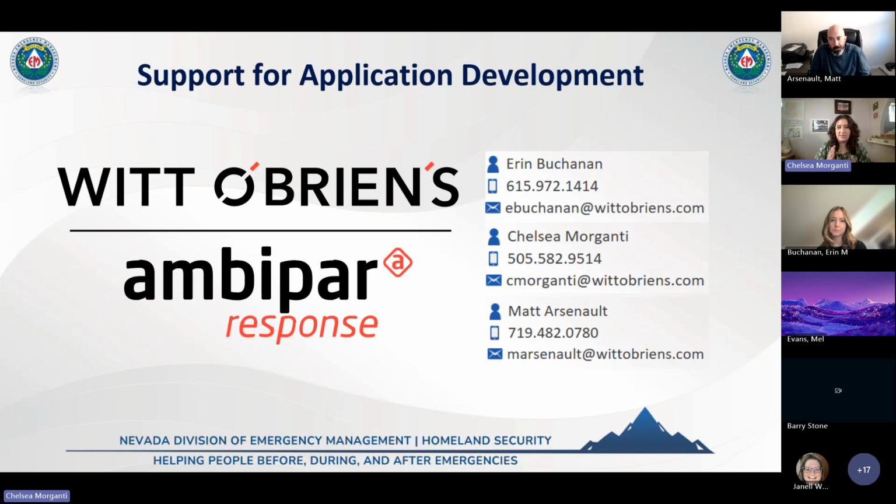We are here to provide support to you, to help you as you move forward, or even just to have a conversation. If you have an idea, but you're concerned because you've never accessed these grant programs before, or you have no idea how you're going to be able to meet your match, or you don't really understand what the process looks like, or you have a couple of problems, but you don't know how to turn them into mitigation applications.